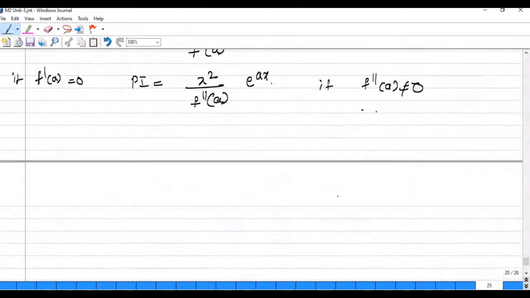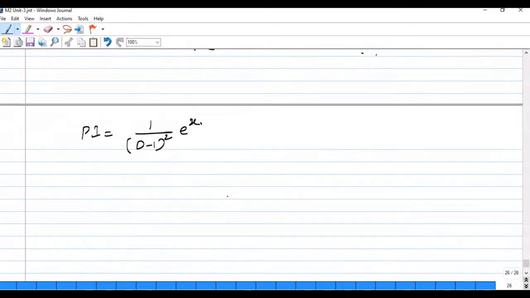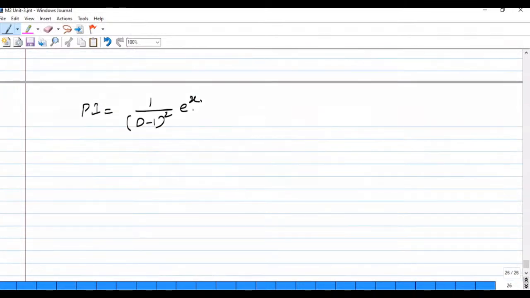Suppose my function is like this: 1 by (D minus 1) whole square into e power x. How can I find the particular integral here? What is a here? It is 1. Put D equal to 1 in this, and we get 0. Then write x in the numerator and differentiate the denominator with respect to D: 2(D minus 1) into 1.